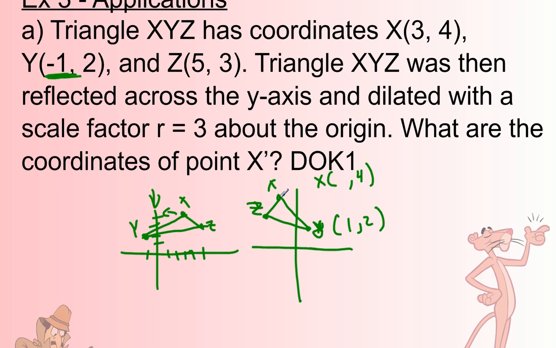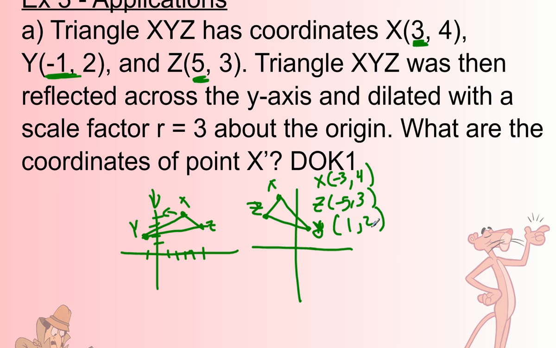So the x coordinate would be, instead of being a +3, would be a -3. And z. Height stays the same. Instead of being a +5 over here, it goes to an x coordinate of -5 over there. Alright, so that gives me the location of all of the points.